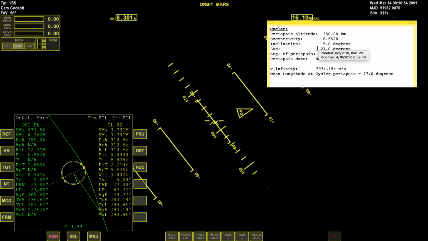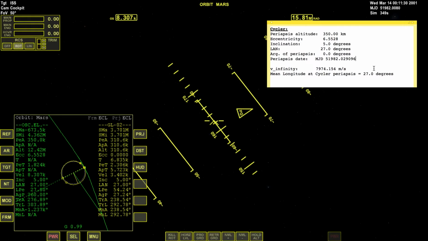We also know that the inclination of this orbit is 5 degrees and the longitude of descending node is 27 degrees. These are round numbers, and I set up the scenario so that they were round numbers. In addition, I've set the argument of periapsis of the orbit to 0 degrees, simply for convenience, and we know the periapsis date, the MJD date for when we arrive at periapsis in our Hermes equivalent: MJD 51982.029096, and yes, all 6 decimal places are needed for this calculation to work effectively.